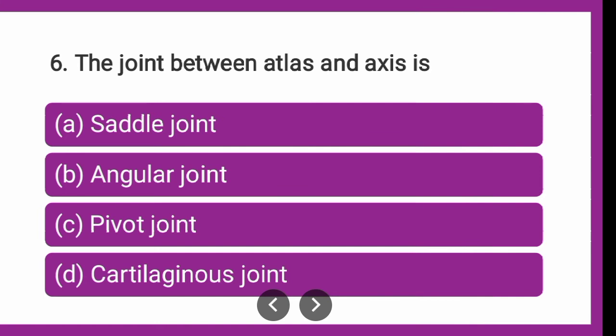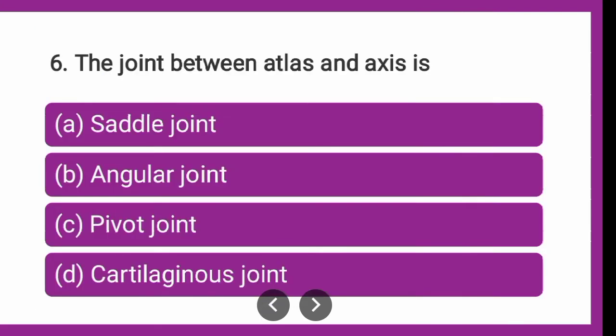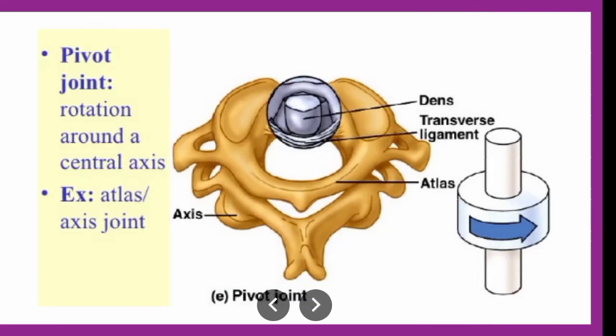Now if you talk about the atlas and the axis, you can see these are the atlas axis joints. So the joint between atlas and axis is nothing but a pivot joint.